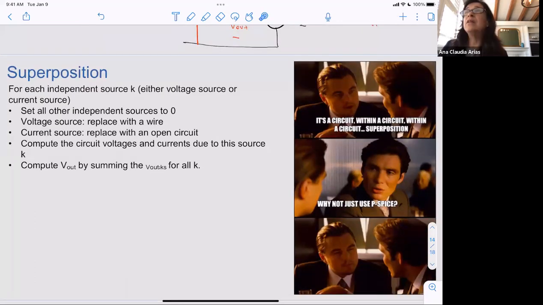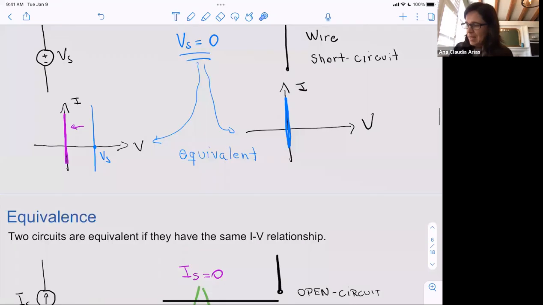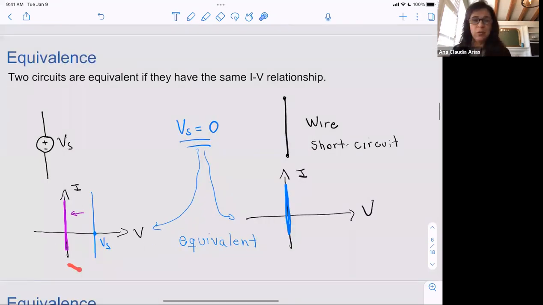You set all the other independent sources to 0. If you have a voltage source, you replace that voltage source with a wire. Why? Because we know that when the voltage goes to 0, it's equivalent to a wire.